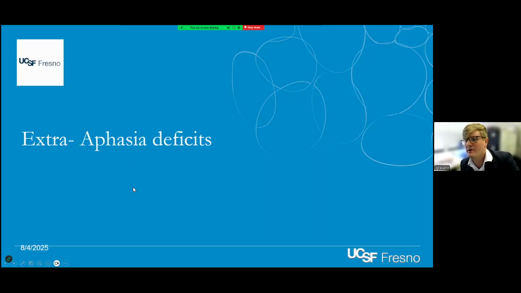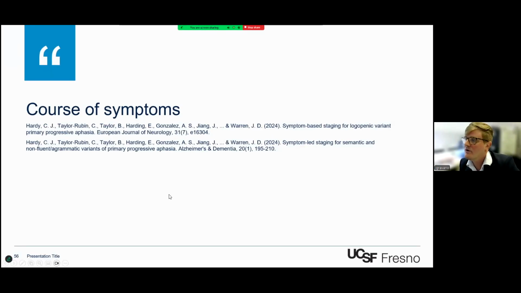So while primary progressive aphasia is a primarily language-based disorder, it is not without cognitive and behavioral changes beyond that, even fairly early on in the course. There have been some interesting attempts to understand clinical progressions of the three syndromes.